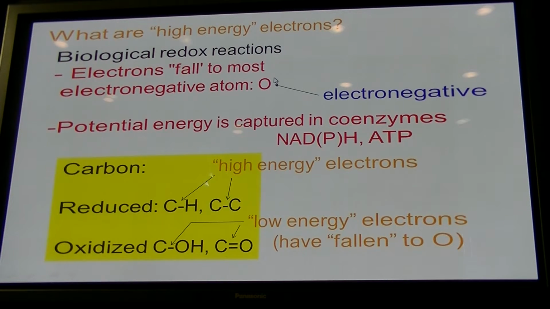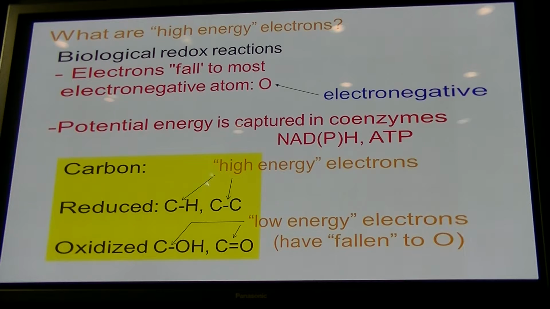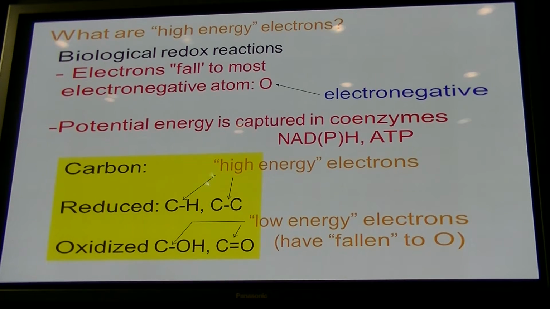So if an electron pair or an electron is actually falling closer to a nucleus, you can think about a situation similar to an object with mass falling closer to the surface of a planet. There's potential energy there that can be utilized. So there's potential energy in organic molecules which have bonds between carbon-carbon and carbon-hydrogen.